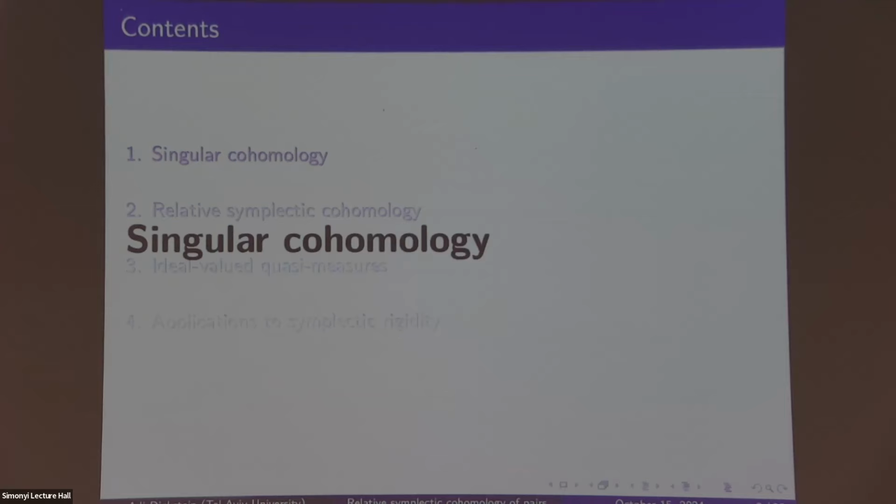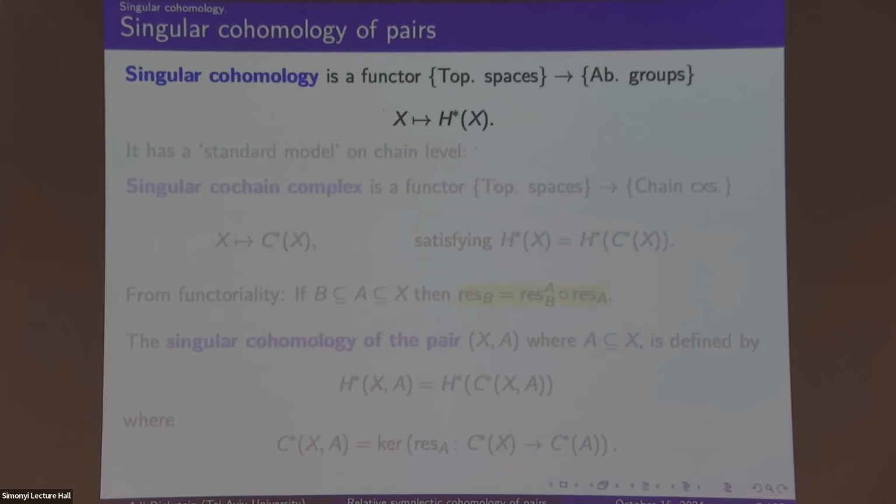Okay, so let's start. What is singular cohomology? Singular cohomology is a functor from the category of topological spaces to abelian groups, X goes to H(X), and it has a standard model at chain level.